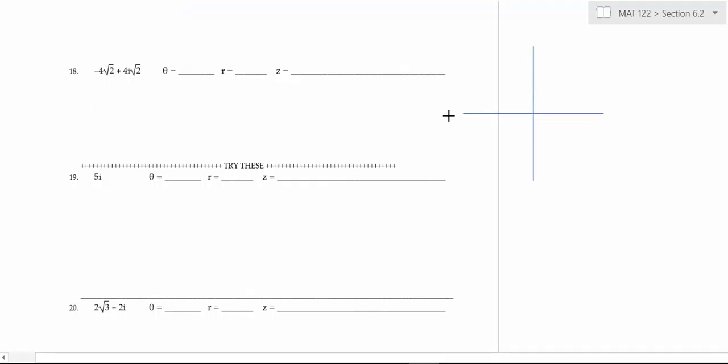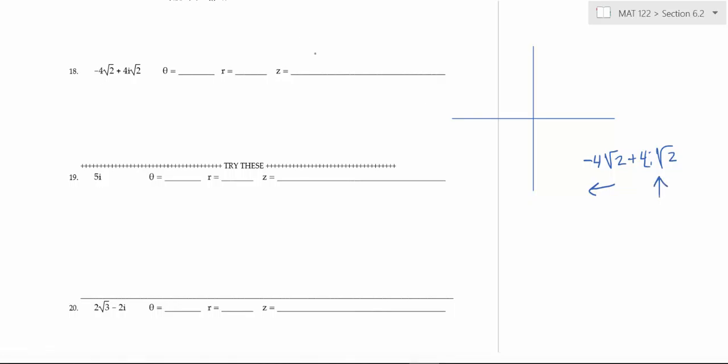So I'm going to put a complex plane at the side here. Now all that really matters on this problem, when I graph out negative 4 root 2 plus 4i root 2, is you're going left on the real axis and you're going up on the imaginary axis. So just go left a little bit and then go up like that.